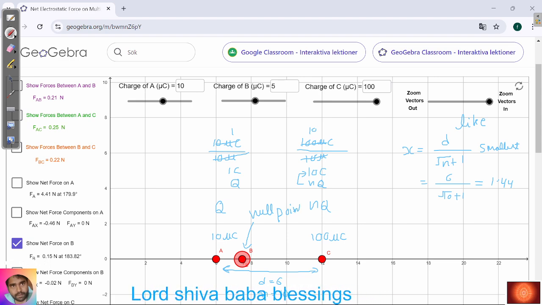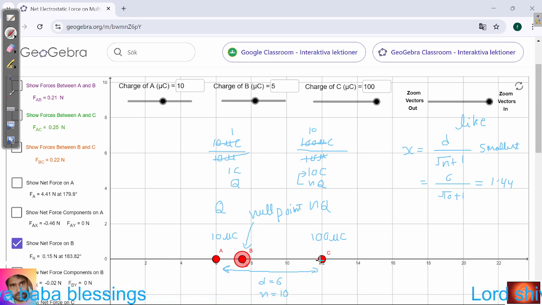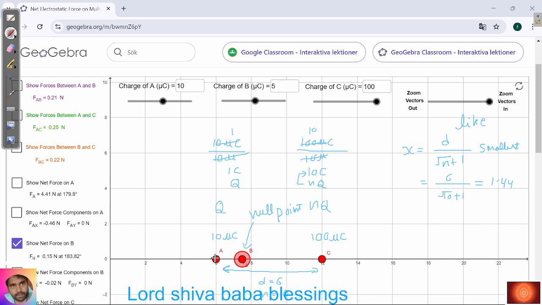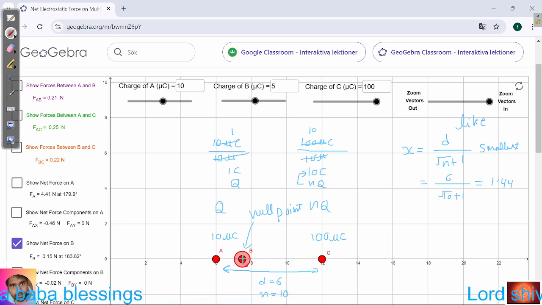This is the case when both the charges are similar, that is, for like charges. So the null point will be present at a distance of d divided by square root of n plus 1 from the smallest charge. So this is the smallest charge, at a distance of d divided by square root of n plus 1. So this is your null point.